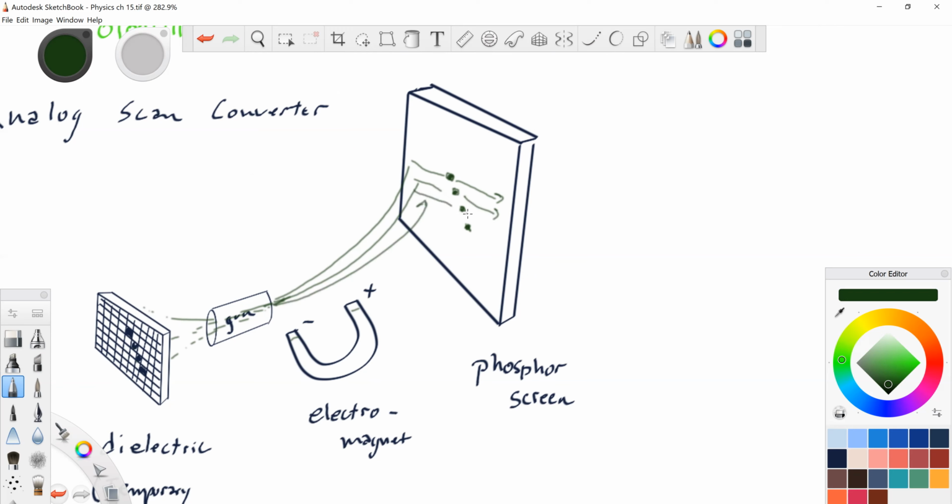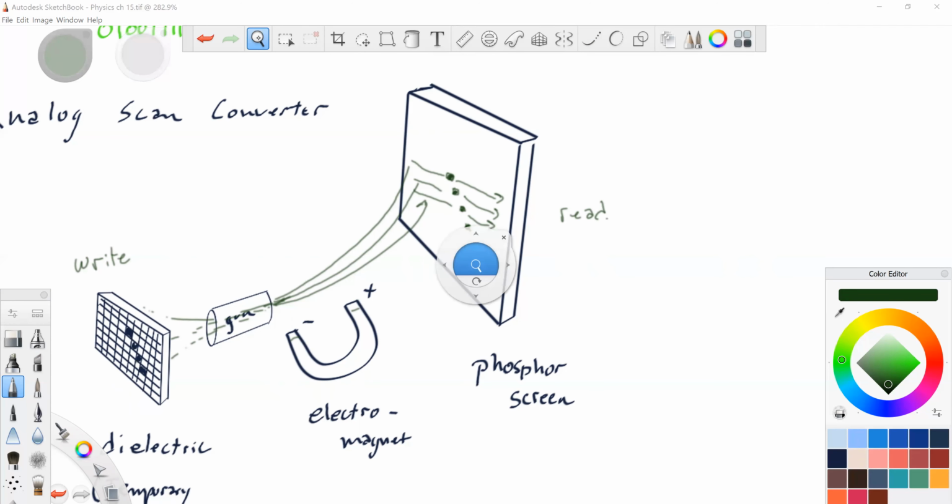This beam comes across, creates a pixel, goes on. So it would be reading the information from the written. So write, read.